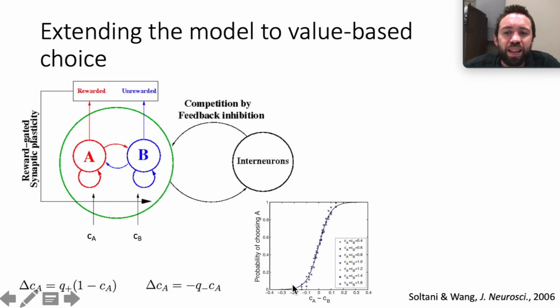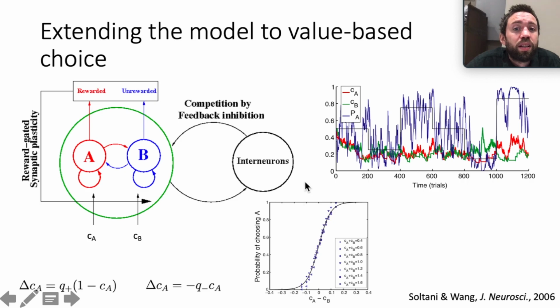And what we can see is that the probability of choosing A with equal sensory inputs differs depending on the relative strength of the input weights CA and CB here.